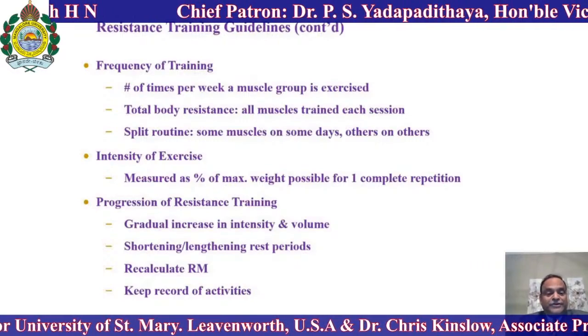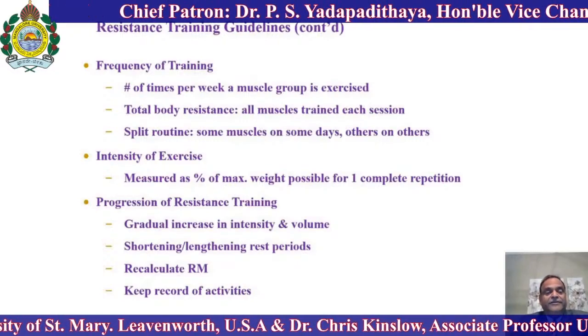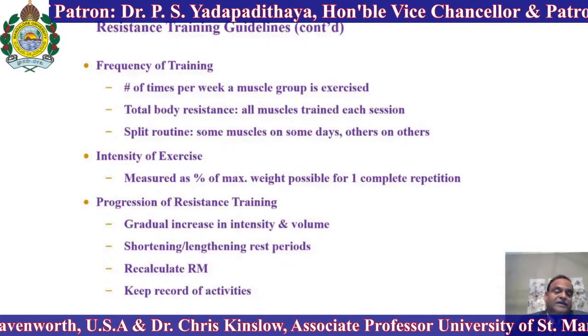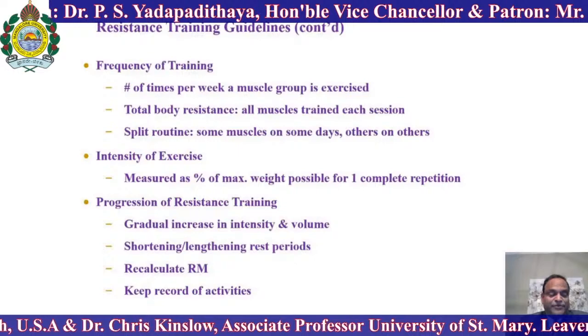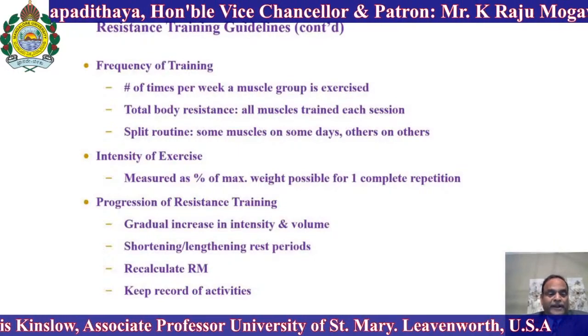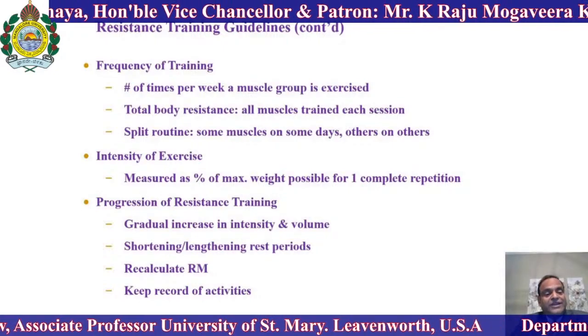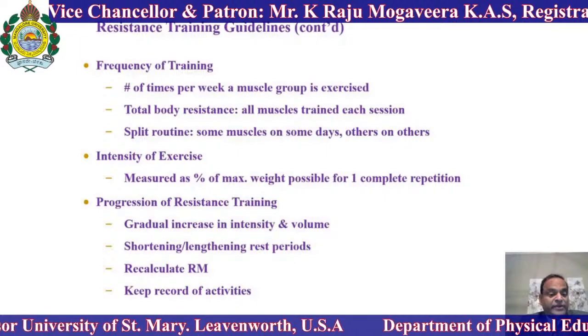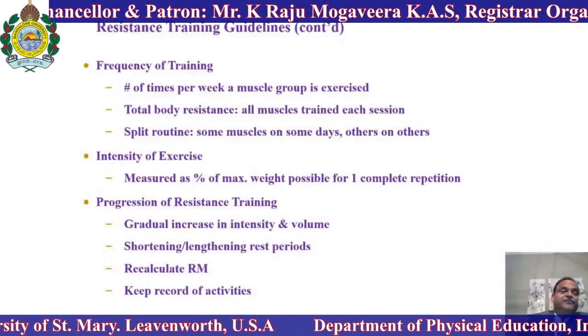If you shorten the rest period, you're going to increase the anaerobic activity, and if you lengthen the rest period, you're basically improving aerobic fitness through weight training. And also you need to recalculate repetition max every 2 to 3 weeks and keep a record of those activities.